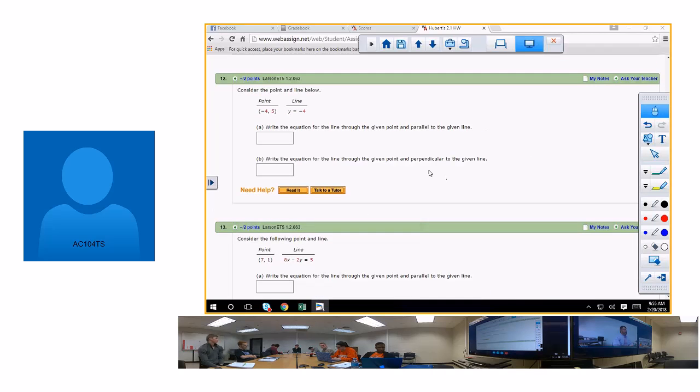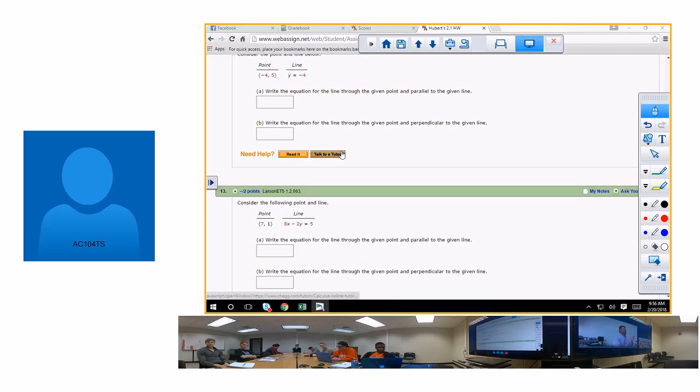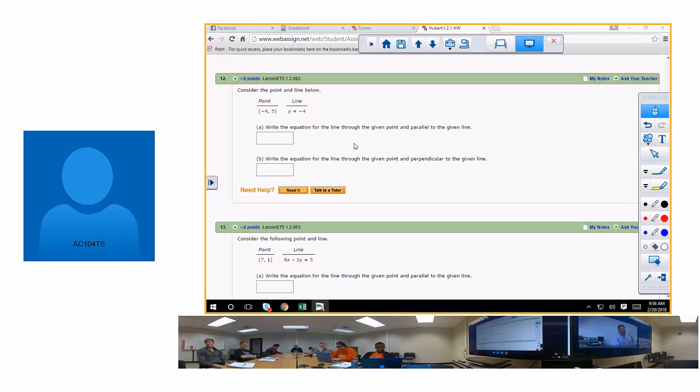Now, I'll do one of these for you just to remind you. Again, this really doesn't have any bearing on the derivatives. I don't understand why they're doing it, but what happens if you want to find the parallel and the perpendicular line? What do you use? Well, you use the inverse and you use the same slope.